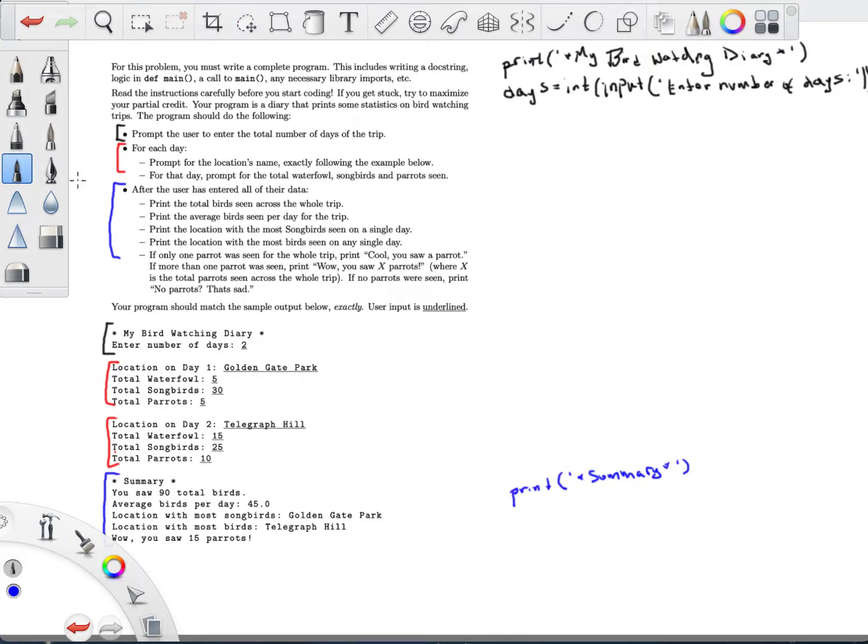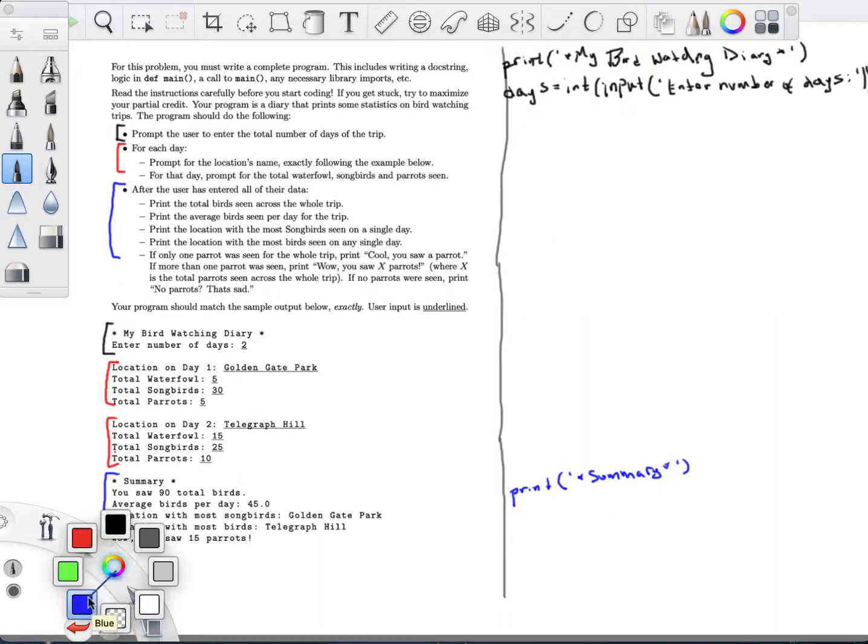I'm probably also going to draw a line so that I help myself, I'll just draw a little line down my page so that I know kind of the level of indentation that I want to work with. This will define a first level of indentation.